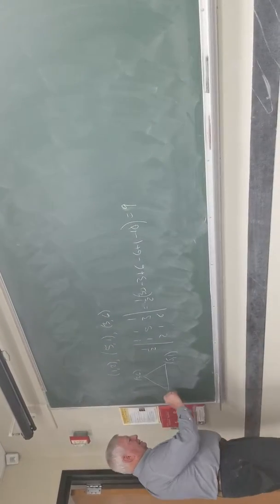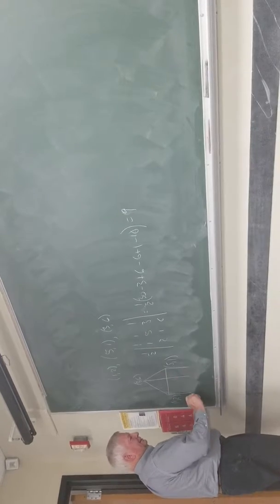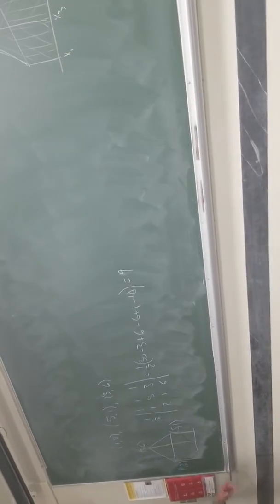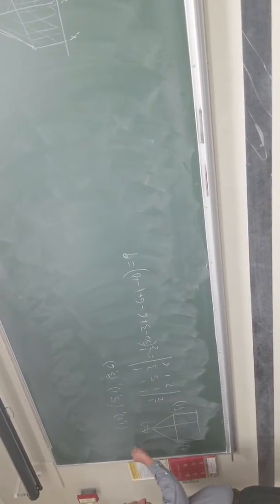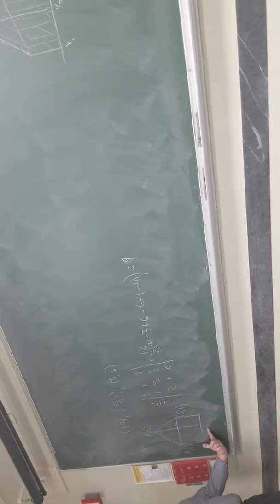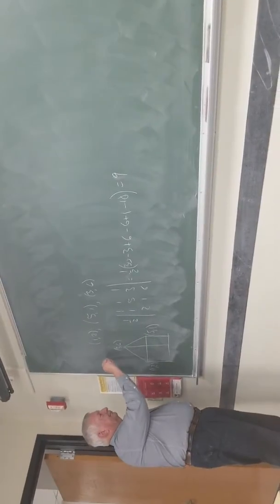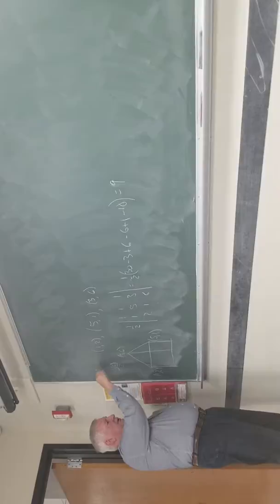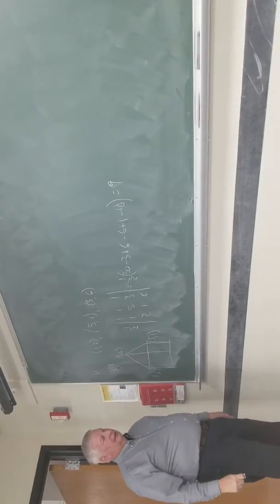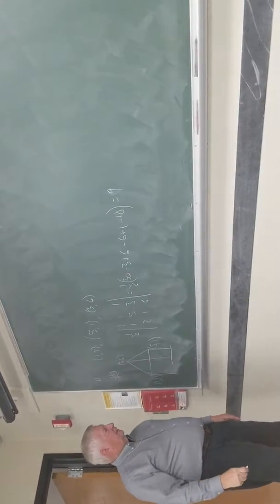Interesting. Now let's do it the trapezoid way. This trapezoid has heights of 2 and 6, for an average of 4, and a base of 2. 4 times 2 divided by 2, this one's 4. Now let's look at this one.